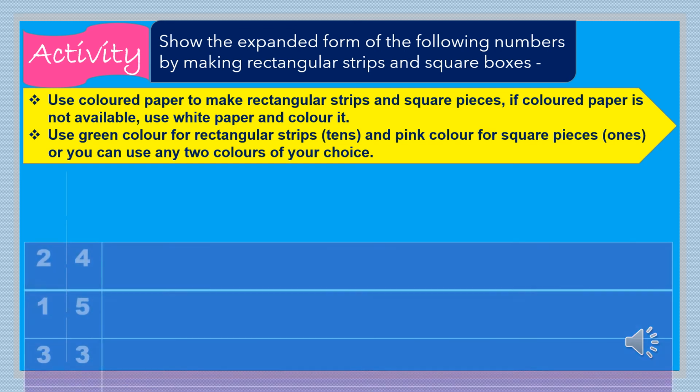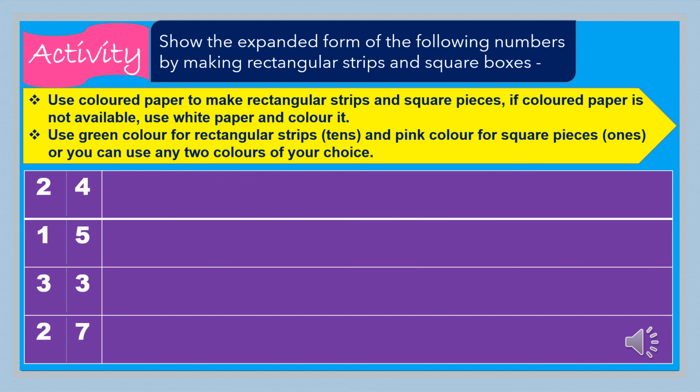Okay, so what you have to do children, there's a table given to you and there are 4 numbers given on this table on the left column, and the numbers are 24, 15, 33, 27. The first number we will see, 24, is done for you as an example.